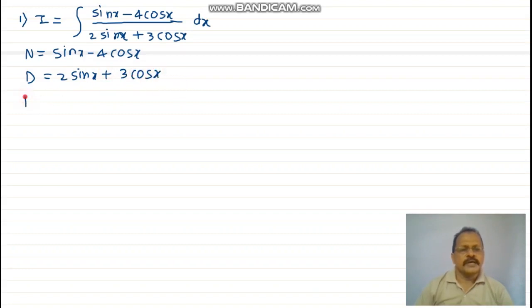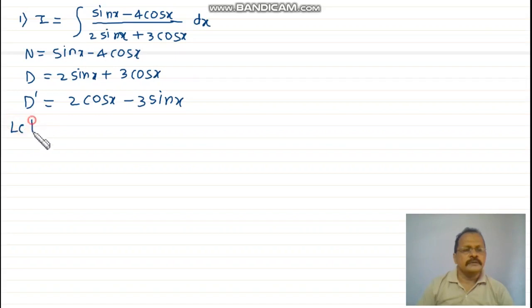From this, the derivative of the denominator D' is 2 cos x minus 3 sin x. Let the numerator be equal to a into the denominator plus b into the derivative of the denominator.